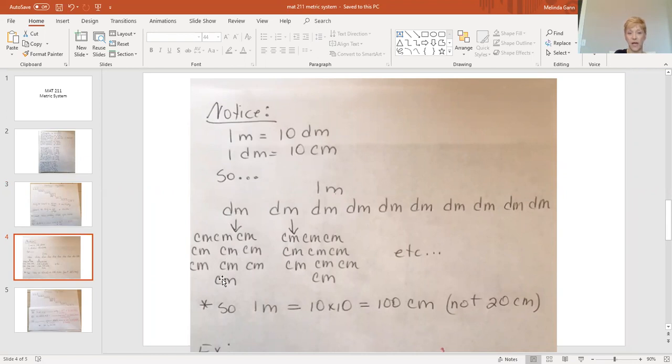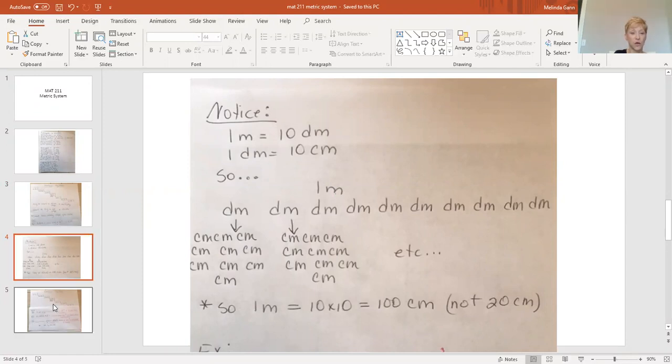This decimeter would have 10 centimeters, this decimeter would have 10 centimeters, and so forth. Do you see that in 1 meter, since each of these 10 would have 10, 1 meter would be 100 centimeters, not 20 centimeters? So 10 to the second isn't going to be 20, it's going to be 100. That's why the decimal moves the way that it does.